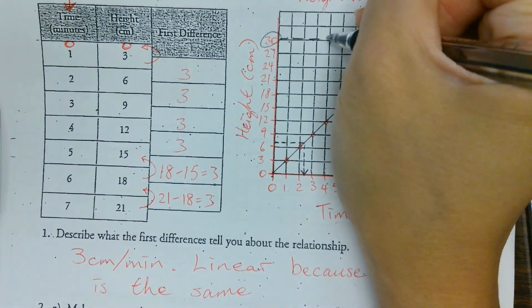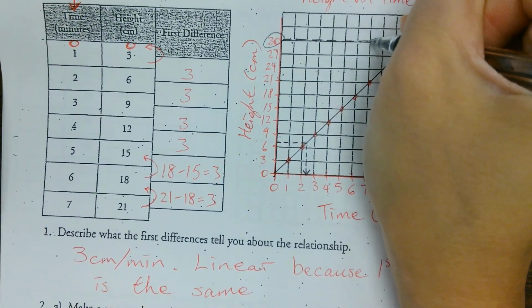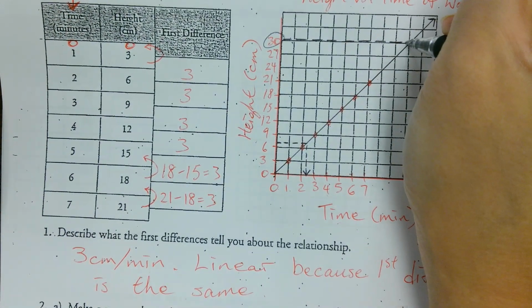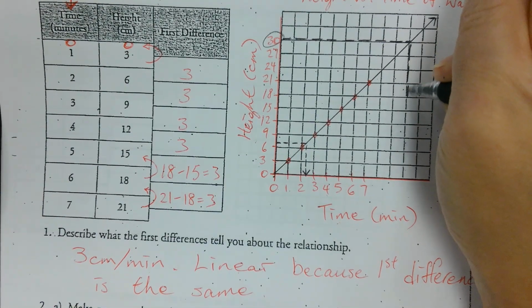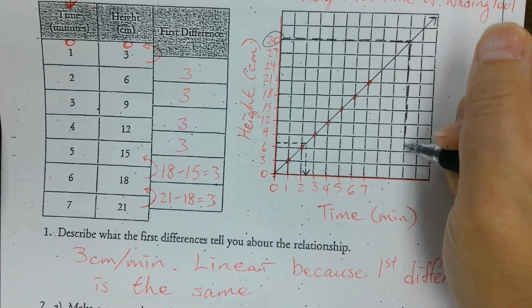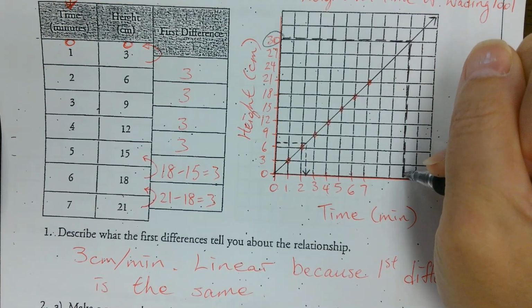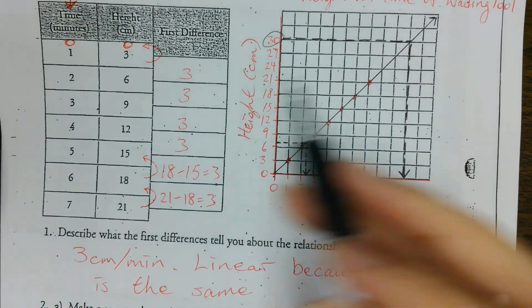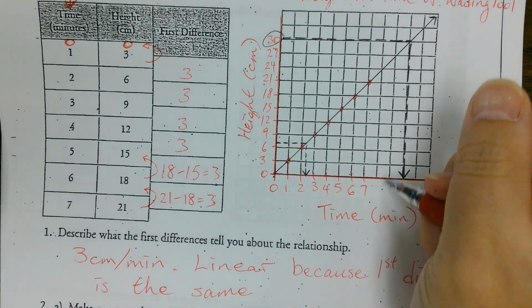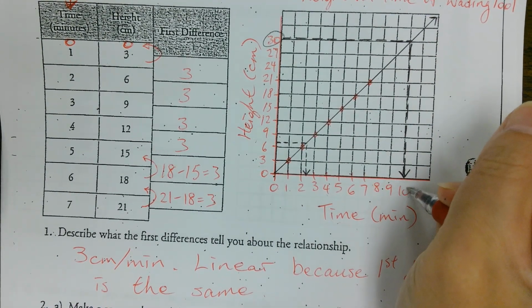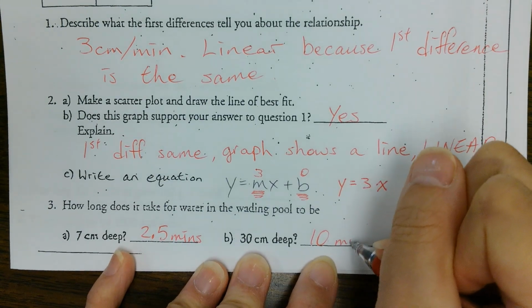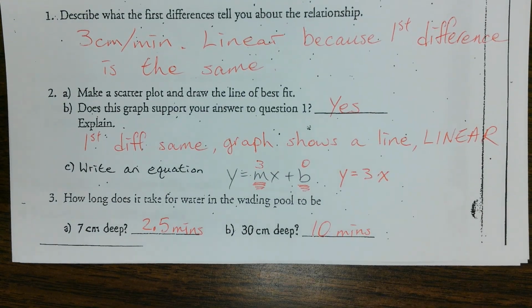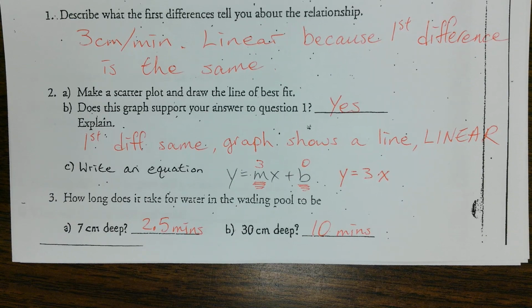For 30 centimeters, I'm going to draw a dotted line across to my line of best fit, and then draw it down. On the test, I might ask to see this, so to show your work, you're drawing these dotted lines on your graph. How long is it going to take for it to reach 30 centimeters? 10 minutes. That's right. It's a word problem. Don't forget units. If you forget units, half a mark off.